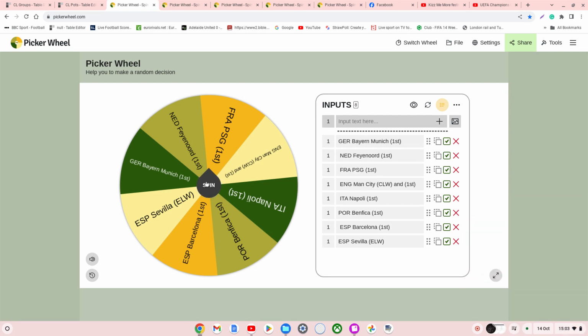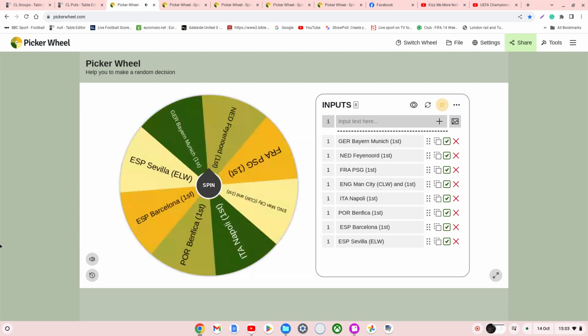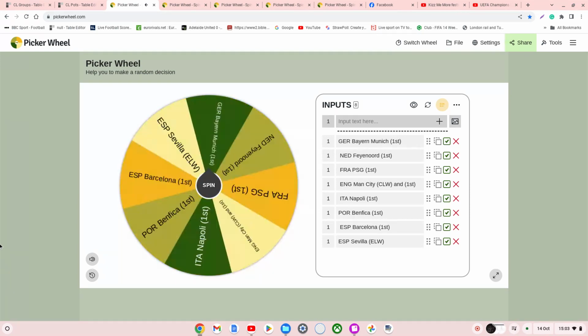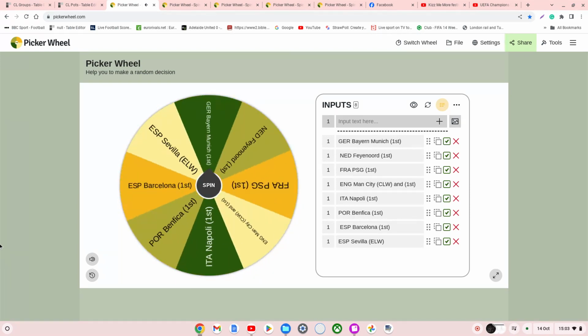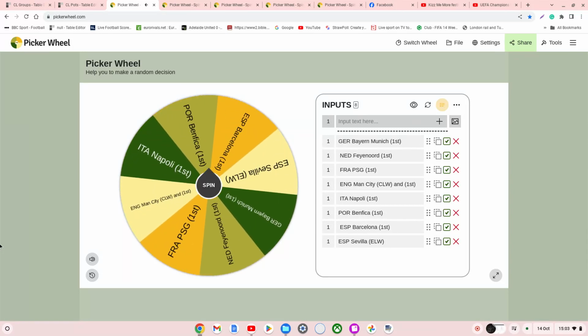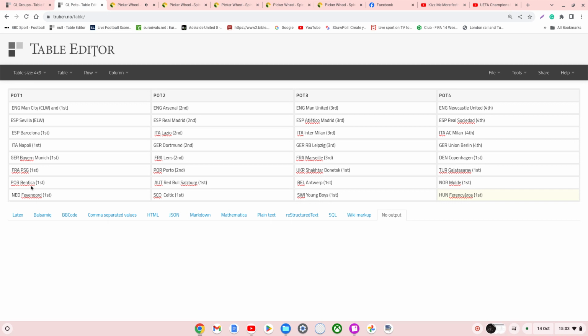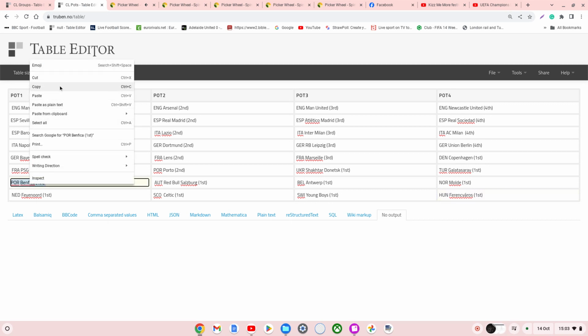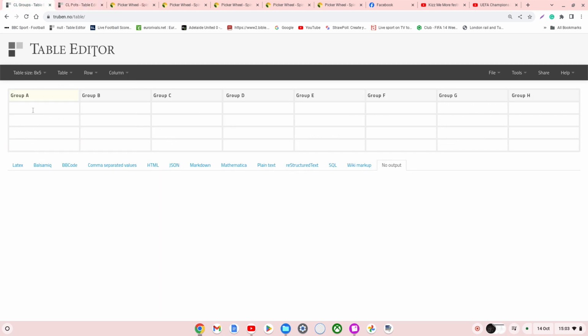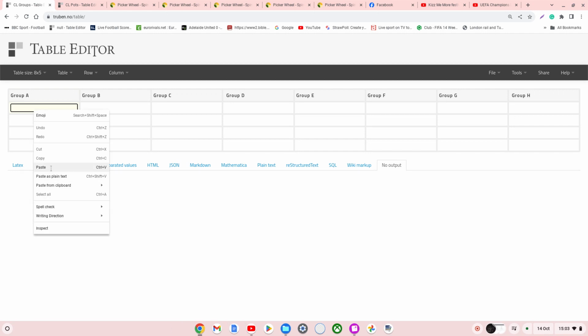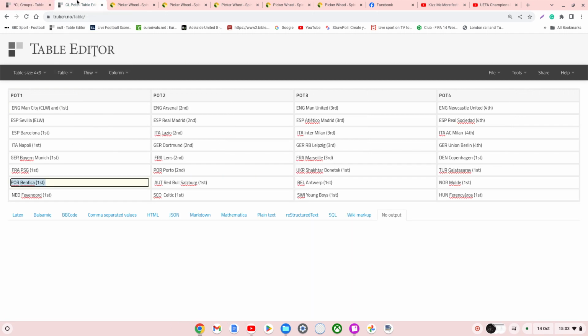And here we go. Who is it going to be? And it's Benfica. Benfica, the Portuguese champions, and they will be in Group A.